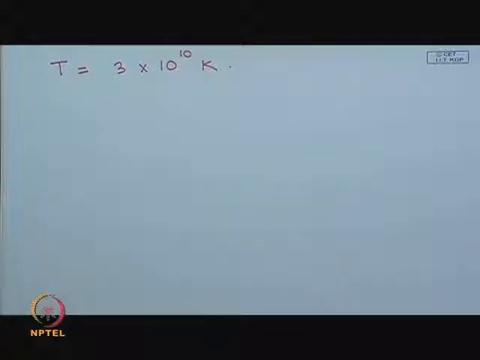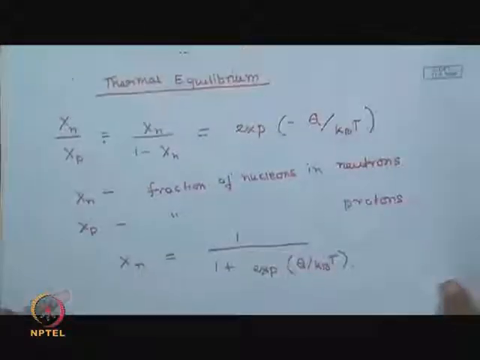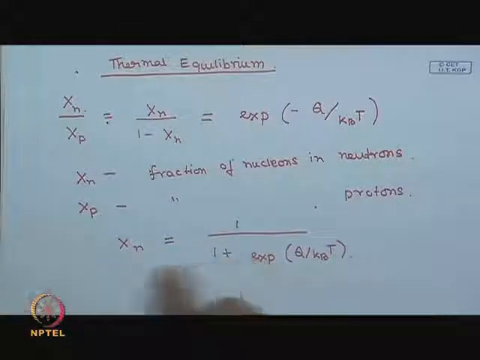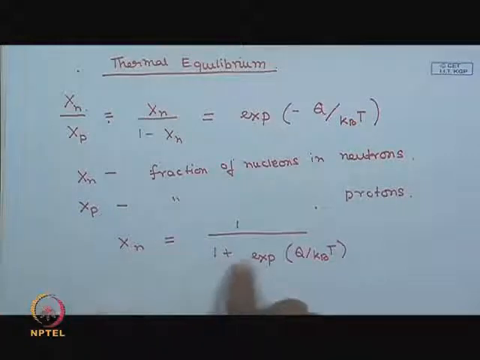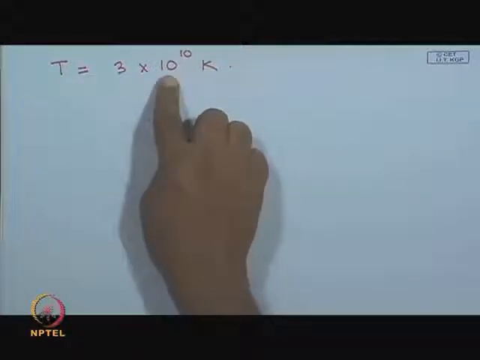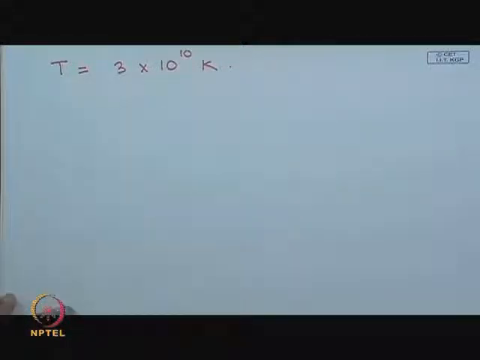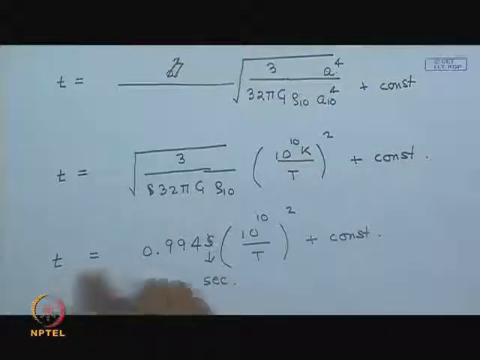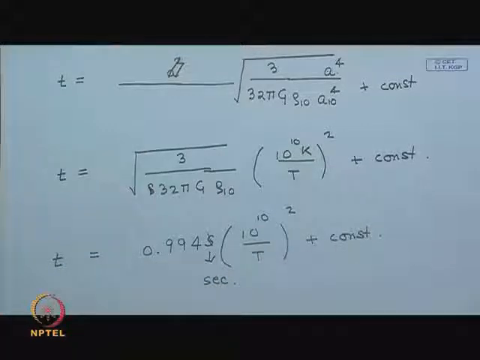So these calculations of the weak interaction reaction rates essentially tell us that this formula for the neutron fraction can be calculated using this formula till the universe has a temperature of 3 into 10 to the power 10 Kelvin, and the corresponding age of the universe can be calculated using this.